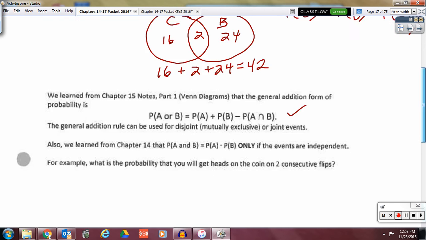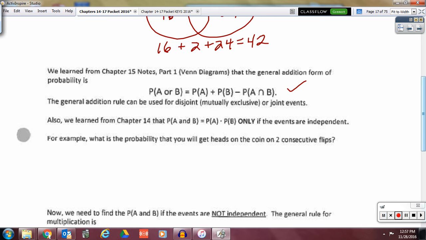Now, what you have been doing for the overlap part, for the "and" that we did right before Thanksgiving, is multiplication of the probability of A times the probability of B. You've been doing that ever since you started doing that type of probability, maybe 6th grade.